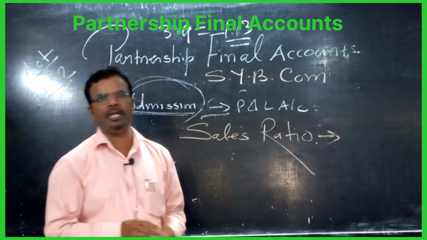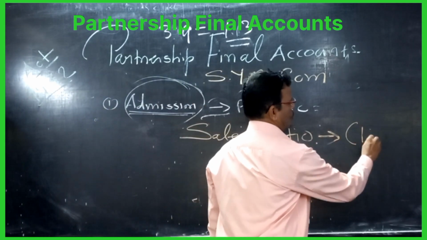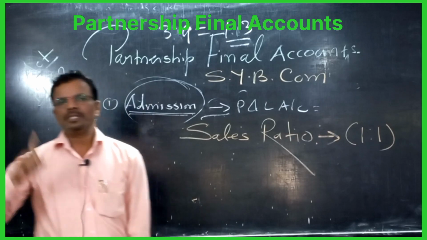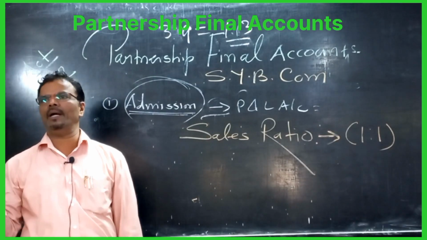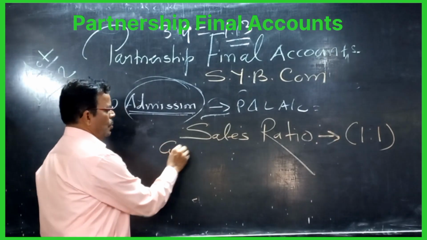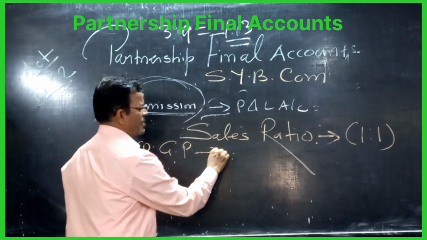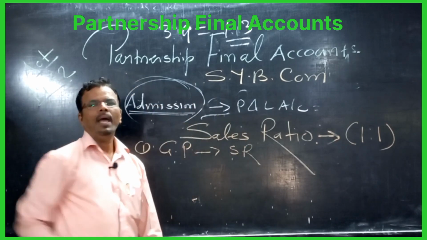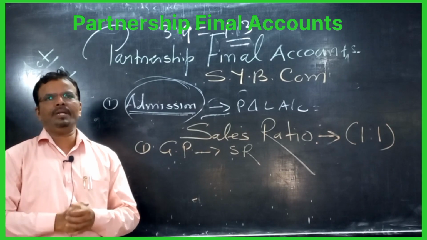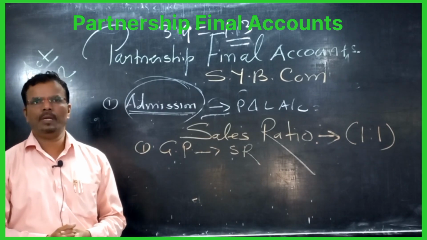If the information is not given, the ratio is always 1:1. Sales ratio is very important for dividing the gross profit. So GP is always divided on sales ratio, and if the sales ratio is not given, we take 1:1.